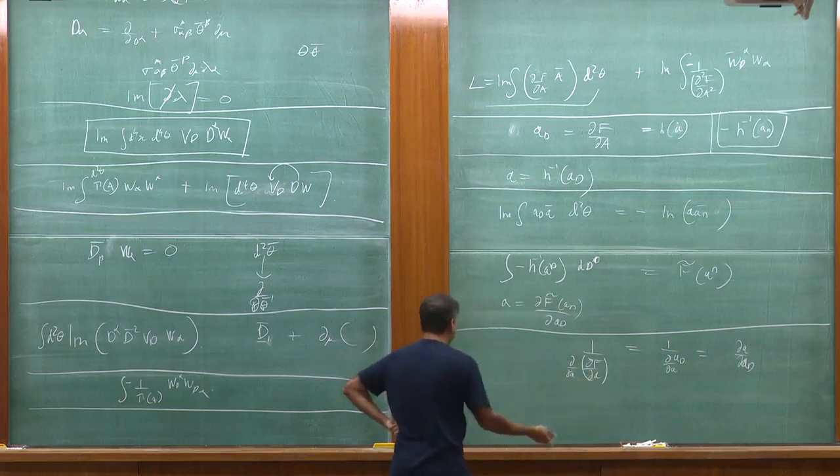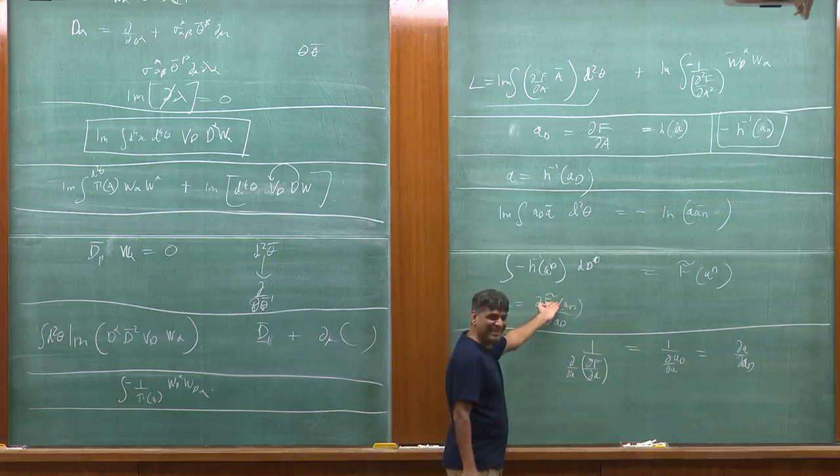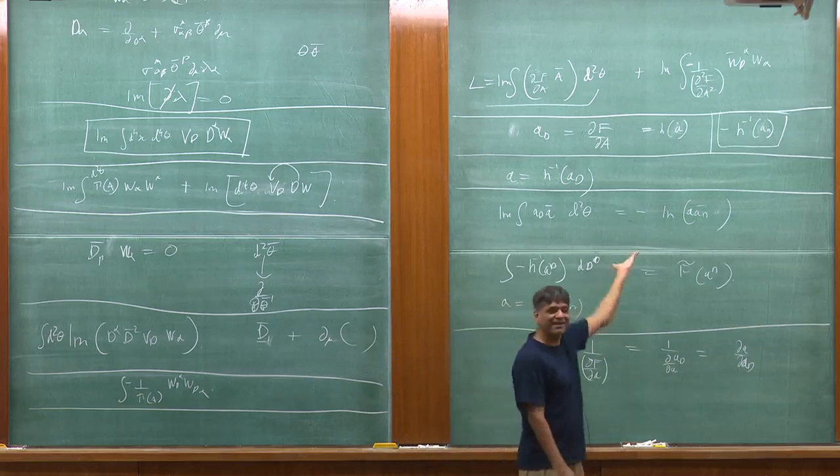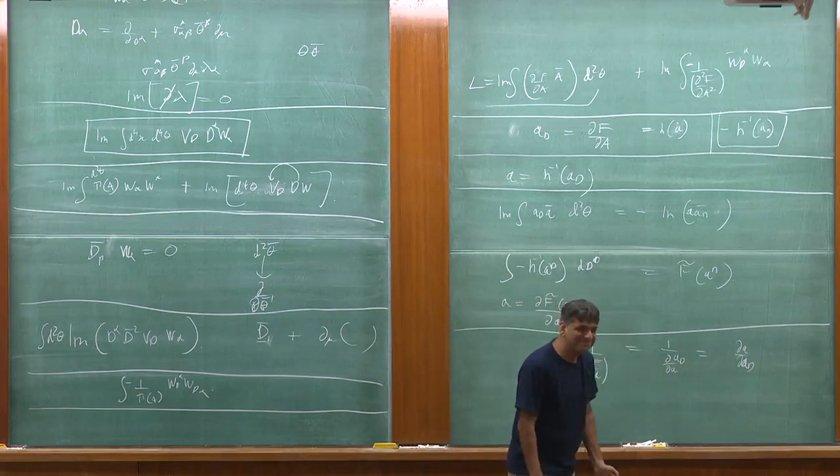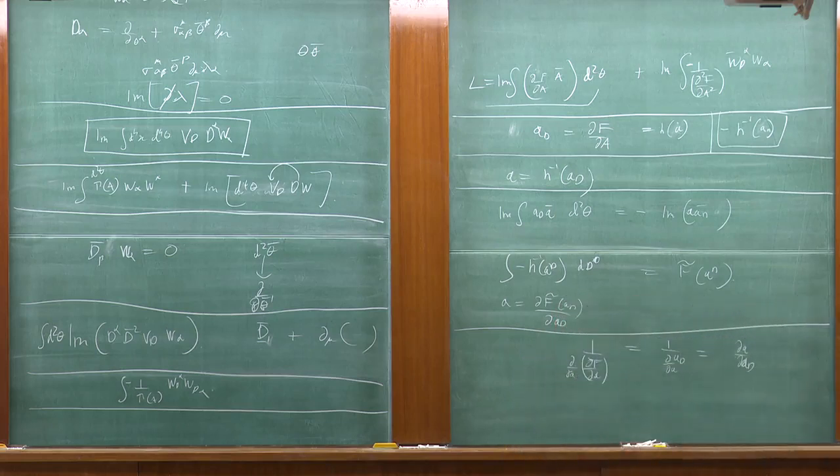But A itself was the first derivative of F tilde. So this is the second derivative of F tilde. So now, when we regard A_D as the new variable, the Lagrangian takes the proper form in terms of some new F tilde.